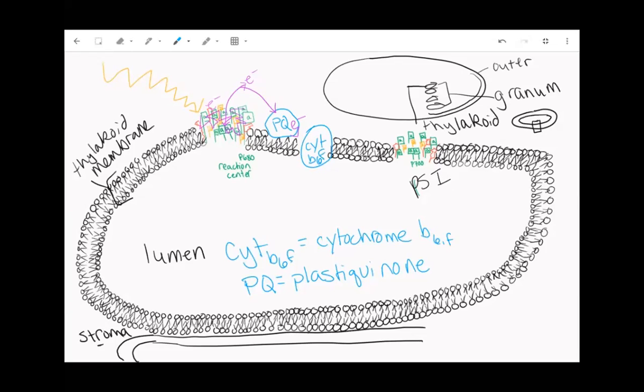Plastoquinone and cytochrome B6F are going to work together. So that electron from plastoquinone gets shuffled to cytochrome B6F, and then we have another protein enzyme down here inside that membrane called plastocyanin.